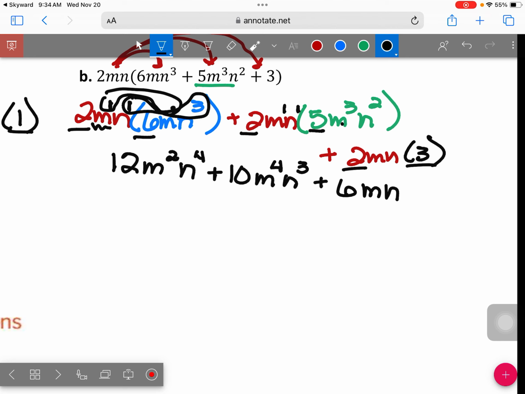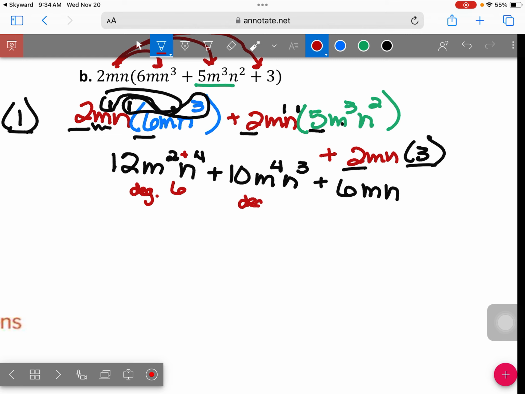Now, is this written in standard form? It is not, because this has a degree of how much? 6. You add these two together. Okay, that has a degree of 6.